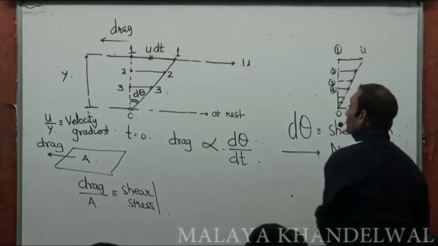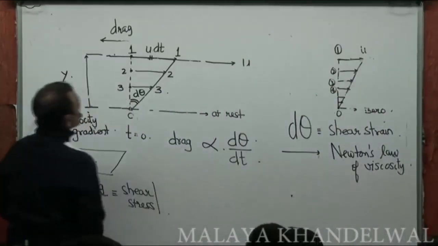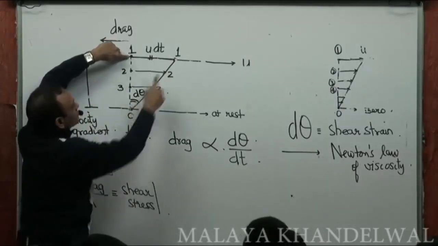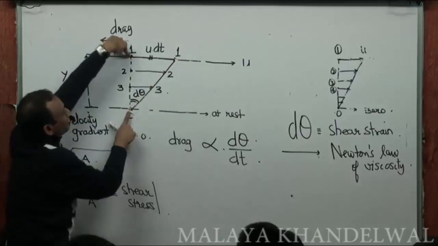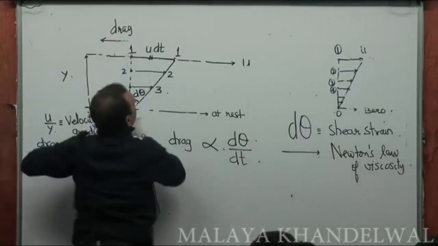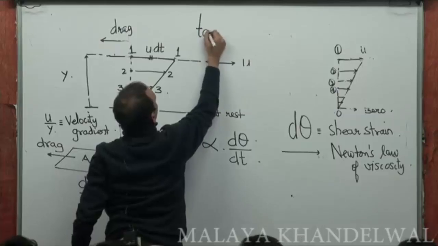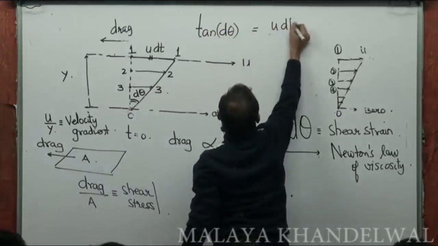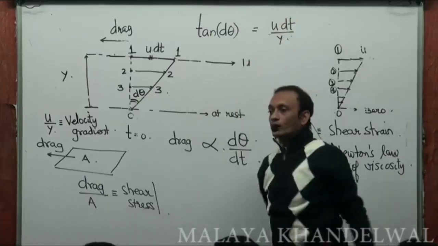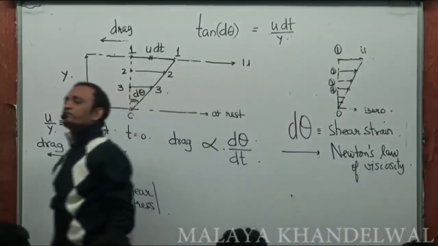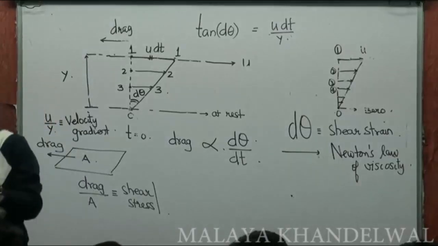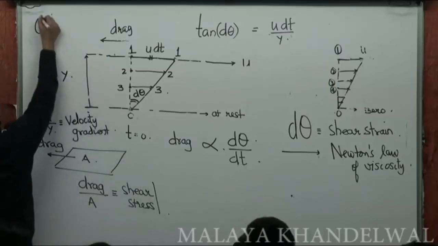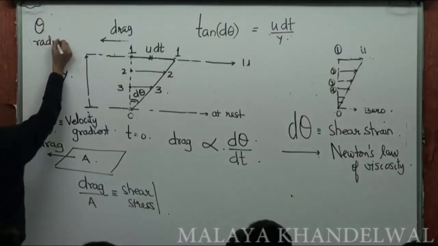Now, realize that u dt by y is tan d theta. Yes or no? Look at this triangle. U dt divided by y is tan d theta, right? Now, whenever theta is in radians and very small, then tan theta is approximately equal to theta. It's a good enough approximation.